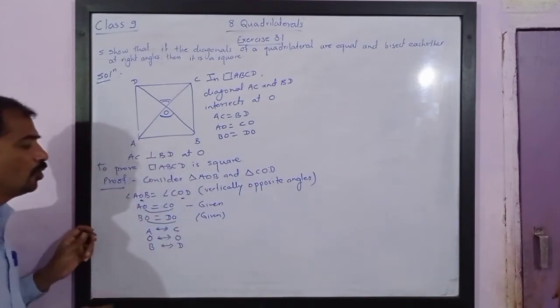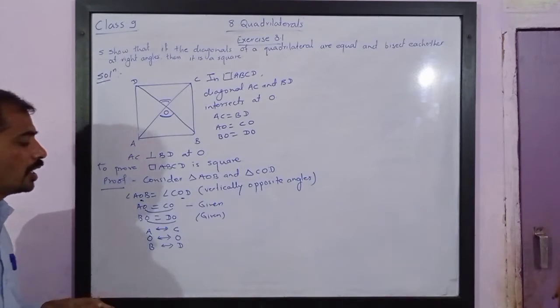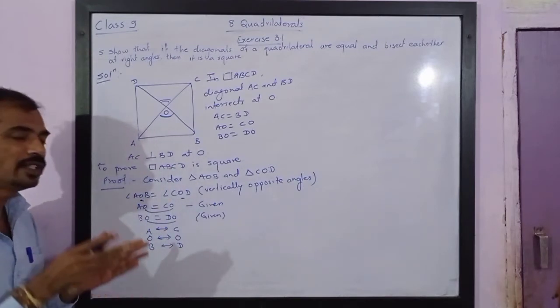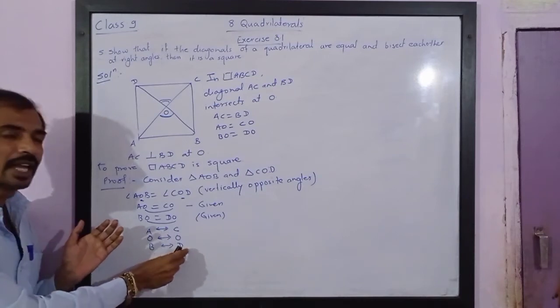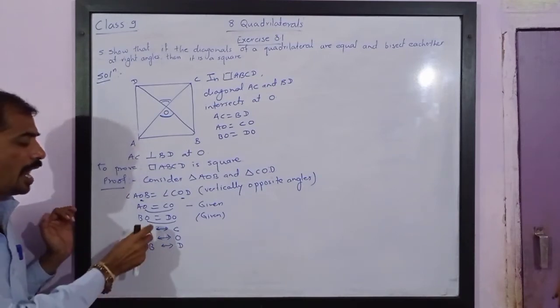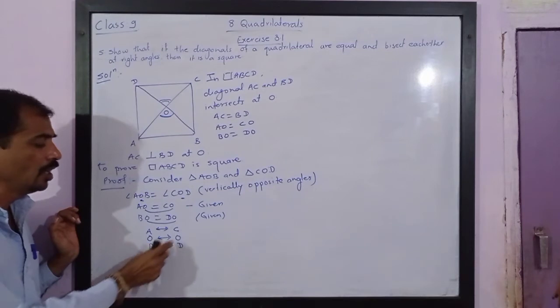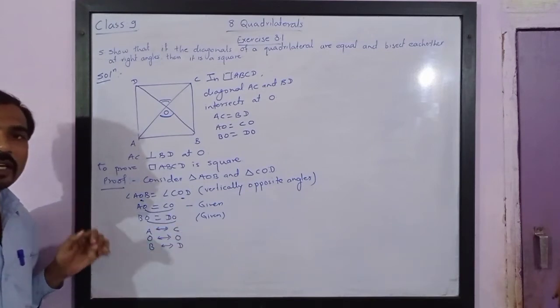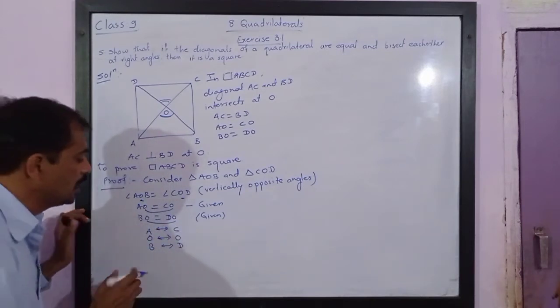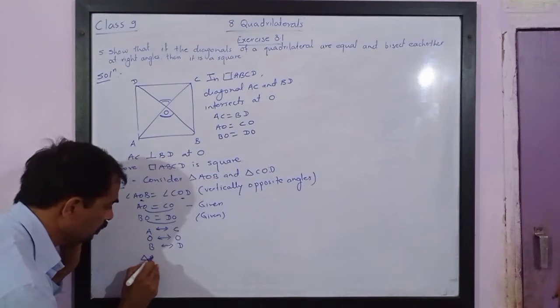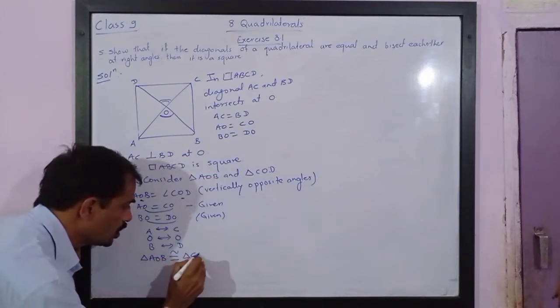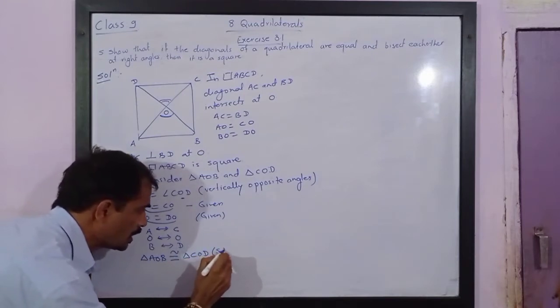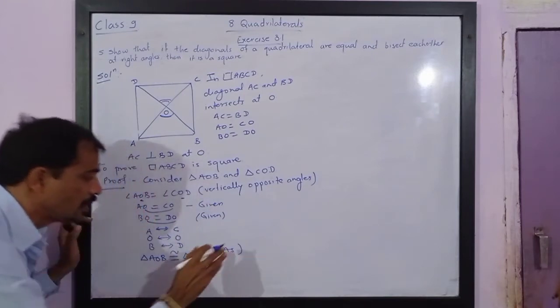It means if you keep triangle AOB on triangle COD, you will see all three sides of triangle AOB coincide with the three sides of triangle COD, and angles of triangle AOB coincide with angles of triangle COD. So we will get triangle AOB congruent to triangle COD by SAS test of congruency.